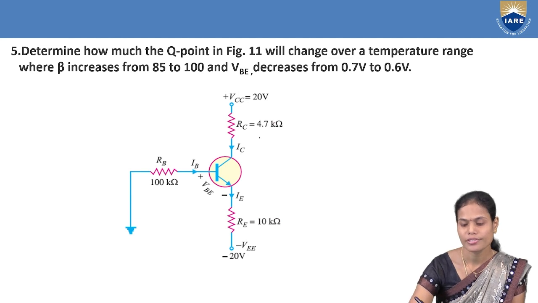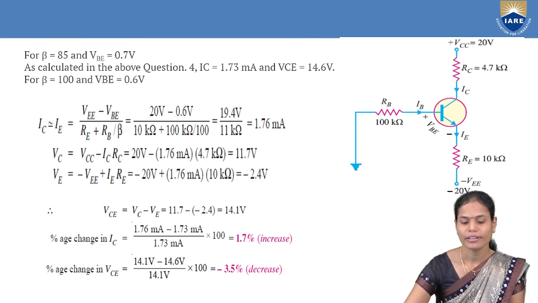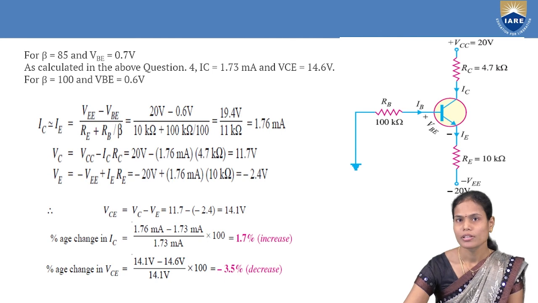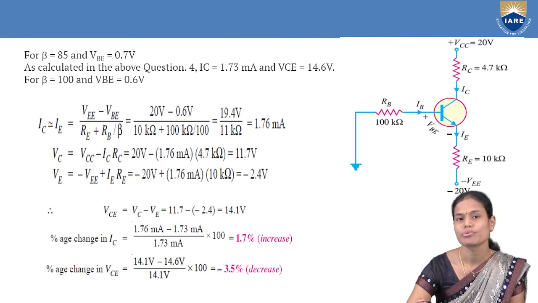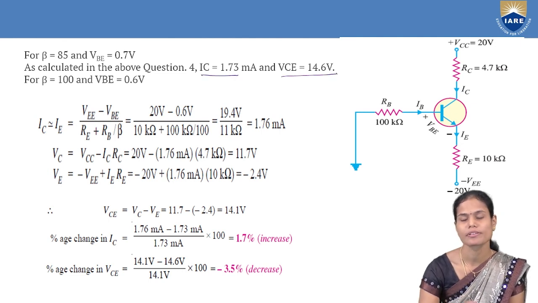And the next one is to determine how much the Q point will change over a temperature range where beta increases from 85 to 100 and VBE is decreased from 0.7 to 0.6 volts for the given circuit. When beta equal to 85 and VBE equal to 0.7 volts, the same values we have used in the previous problem, so I am taking IC as well as VCE as the same values, 1.73 as well as 14.6.